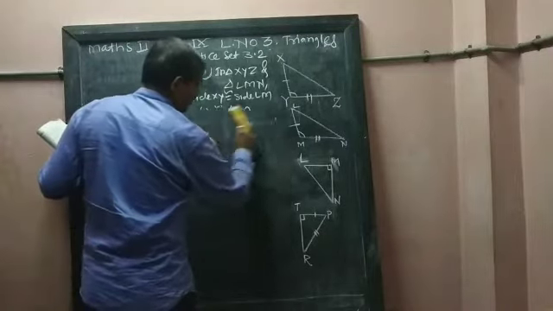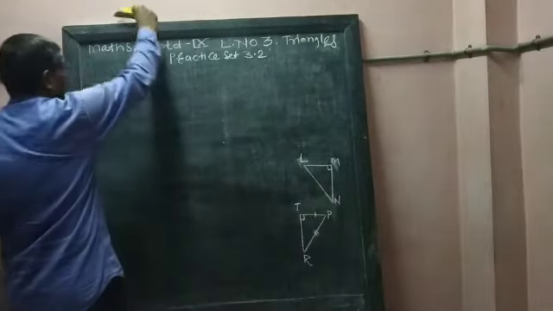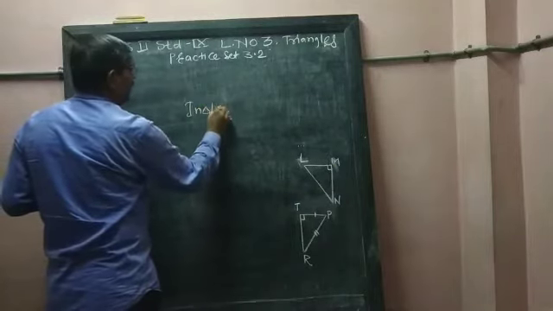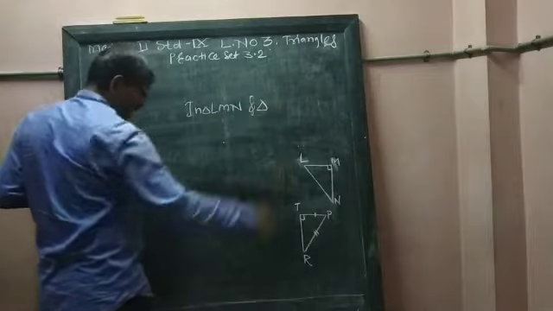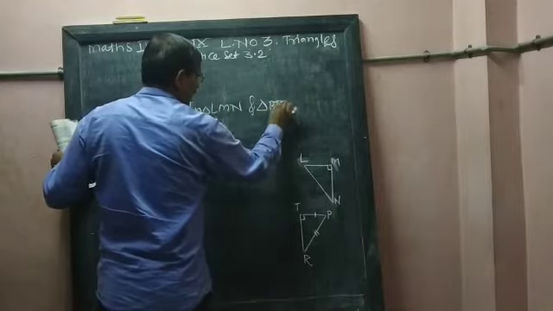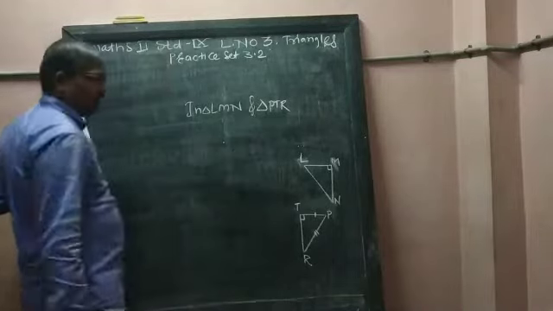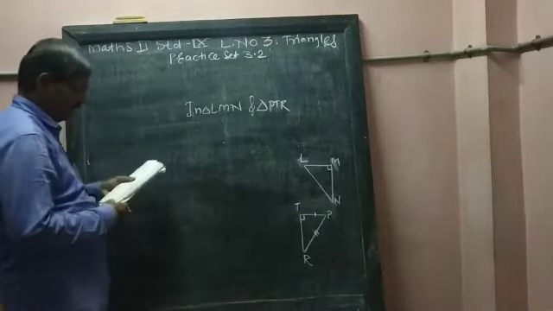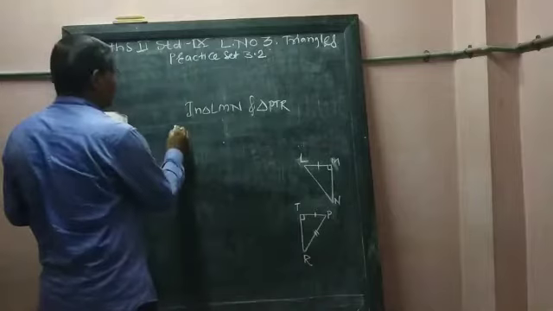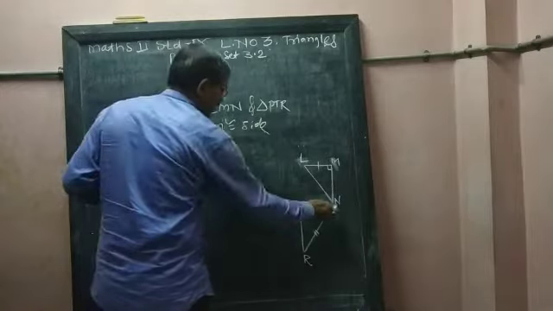In question number 4, which test applies we can understand from observation only. I will take triangle LMN and triangle PTR. Proper sequence is also important while writing these vertices. Now look here, LM is congruent to TP, given. So I will write side LM congruent to side TP.